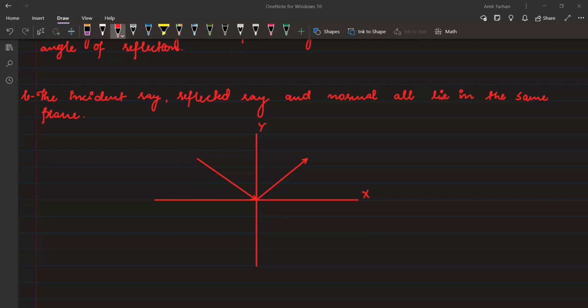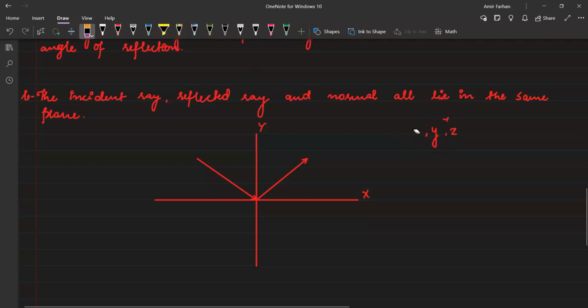No. So that's why the word same plane is used, meaning only two axes are involved. It can be XY, it can be XZ, it can be YZ, because we have three coordinates, X, Y and Z, yes or no? So any two coordinates will be there.